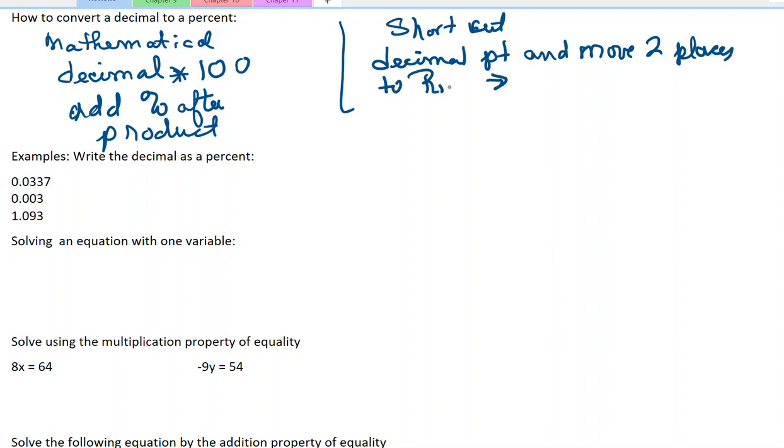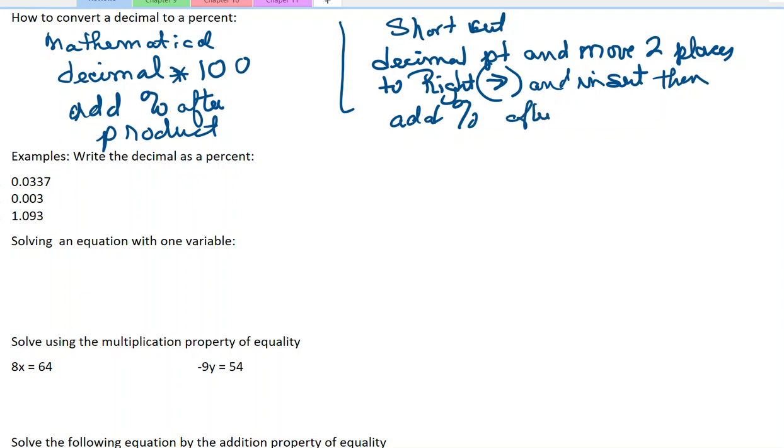This is right. And insert. Then add percent. Right, here we go. All right, so we've got 3 of them. I got to make some room.